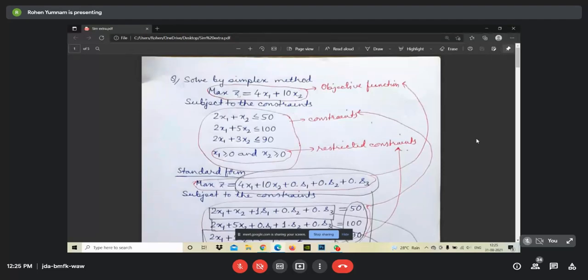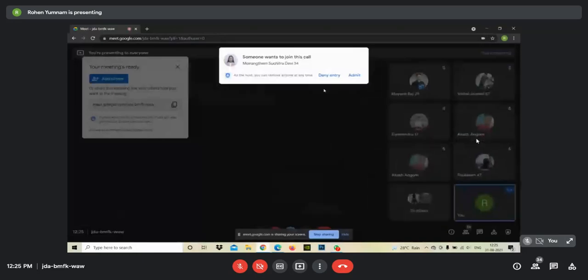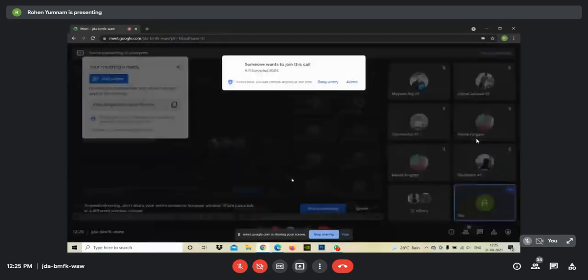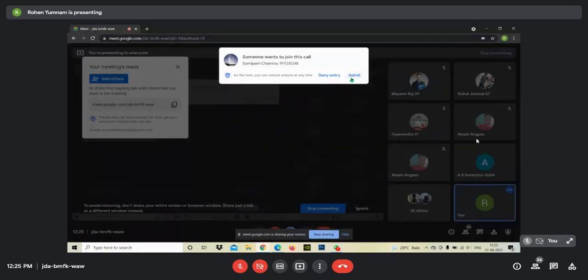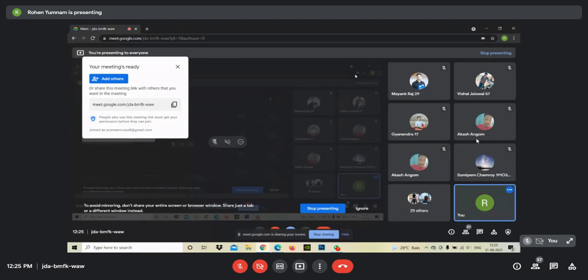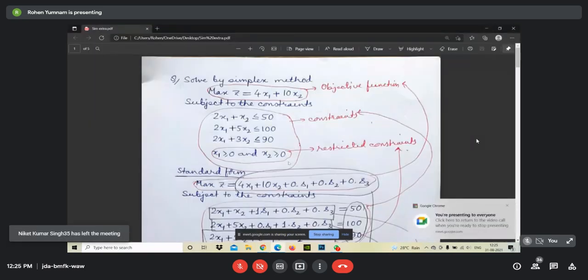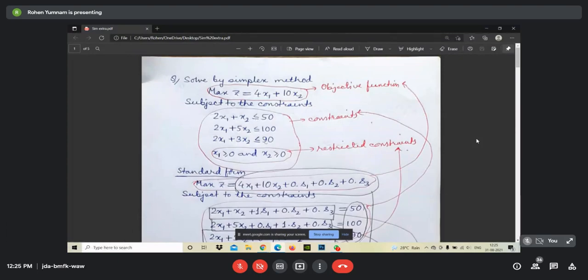We are asked to find the maximum of z with this function, subject to the constraints. Three constraints are given, and the variables are restricted to x1 and x2.